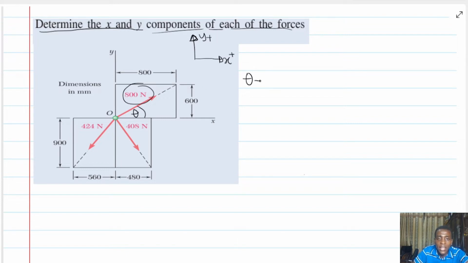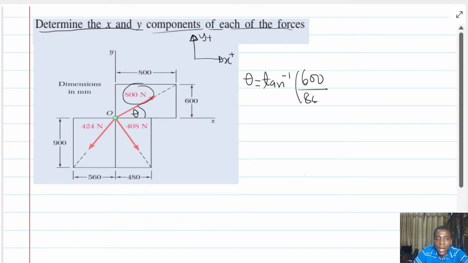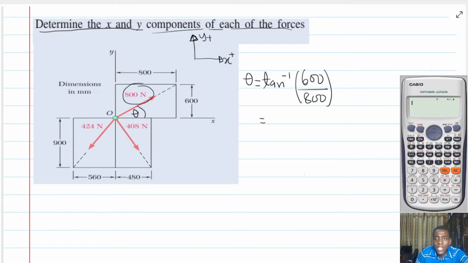All right. So what then is theta? Theta is going to be tan inverse of 600 divided by 800. And what is that going to be? Let's pick our calculators. So tan inverse of 600 on 800, and so that is going to be 36.87.